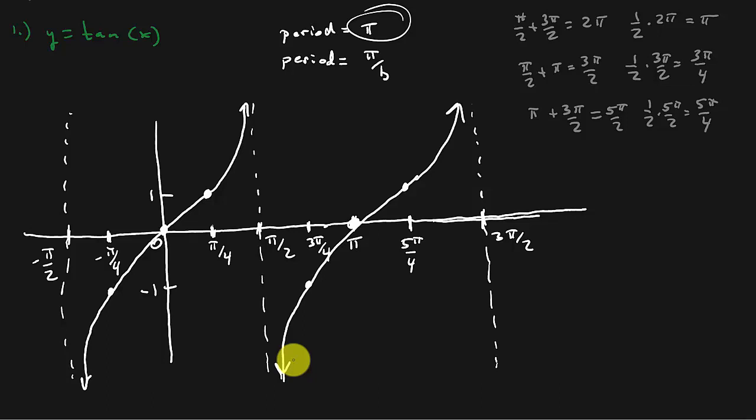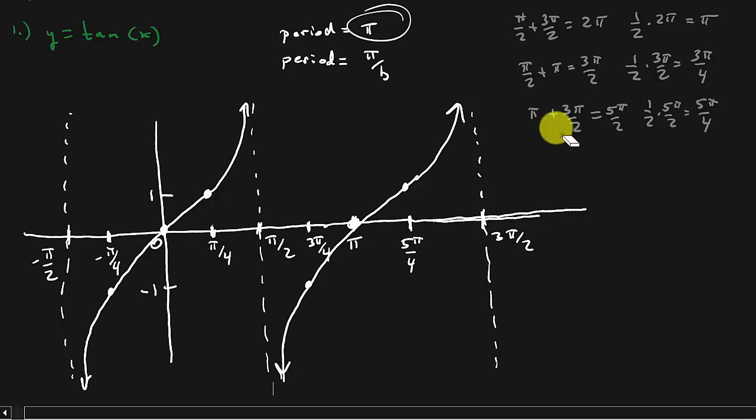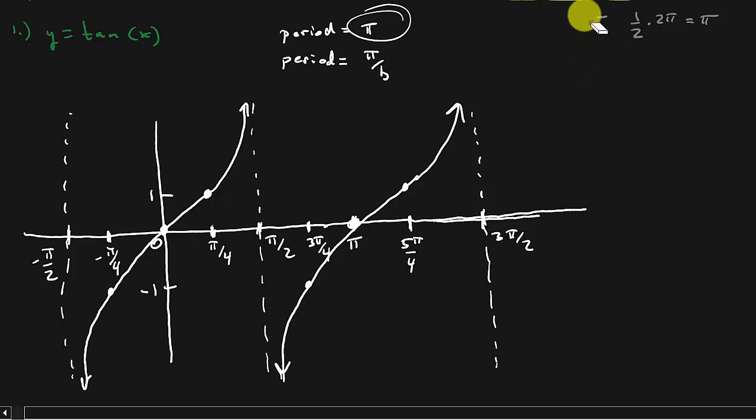So now that I've shown you how to do that, I'm just going to graph the rest of them over 1 period. Okay? Now, before we move on, we found the period. On this one, to graph it over more than 1 period, at this vertical asymptote, we added pi because that was the period.